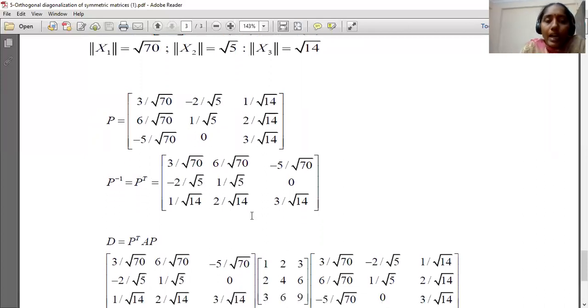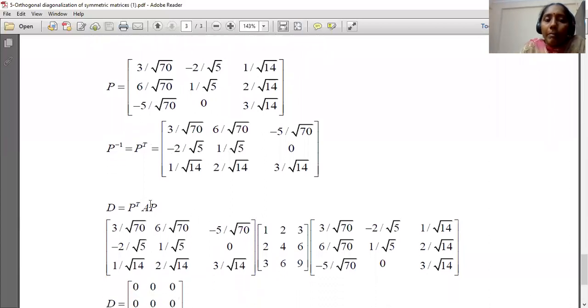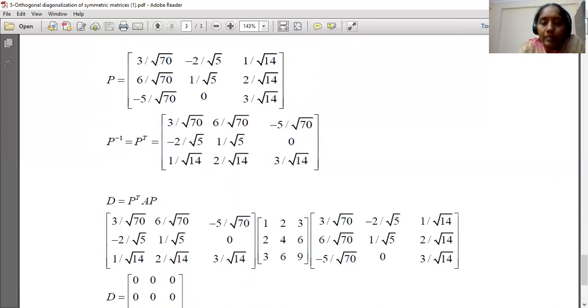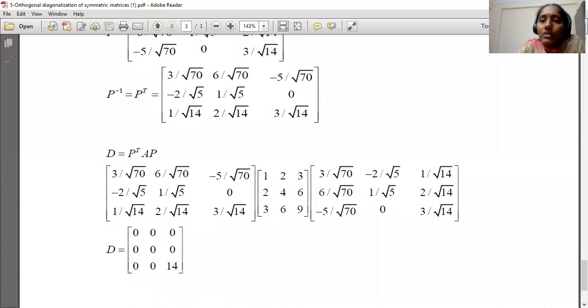Now, write the diagonal matrix as D is equal to P inverse A P. For this symmetric matrix, it is P transpose A P, which is just P transpose into A into P. After multiplying this, check that the principal diagonal elements of your diagonal matrix D are the eigenvalues 0, 0, 14.